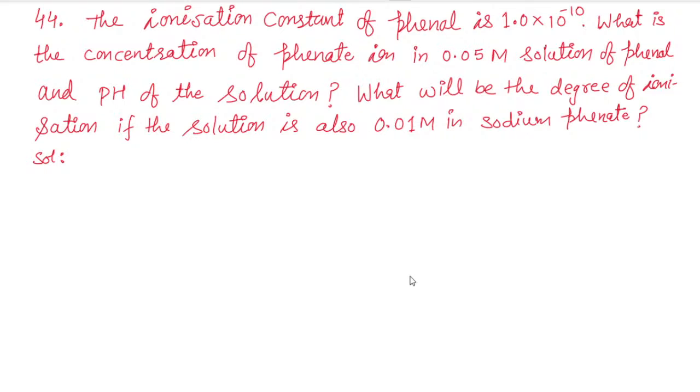Now, first of all, ionization constant is given to you of phenol, that is 1.0 into 10 raised to power minus 10. What is phenol first? Phenol is actually benzene and there is OH group on it. This is called phenol.